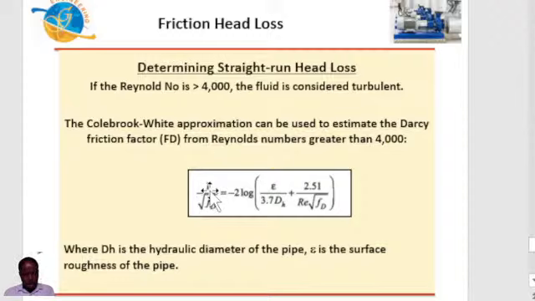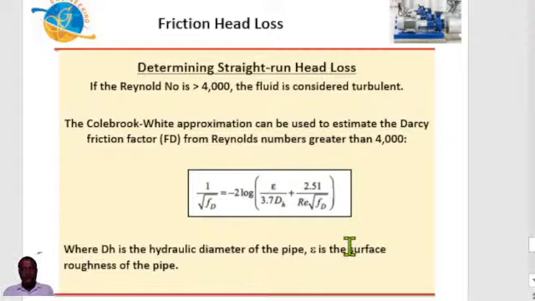Are you with me? Now, if you look at this expression, your FD is the friction factor, which we are looking at. Your DH here is the hydraulic diameter of the pipe. You put the values there. Then your E is the surface roughness of the pipe.